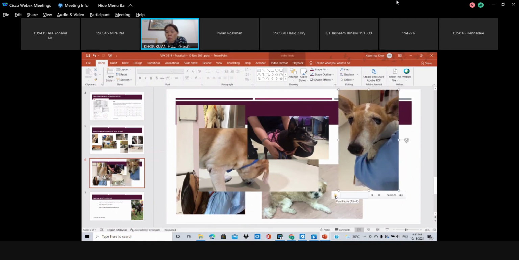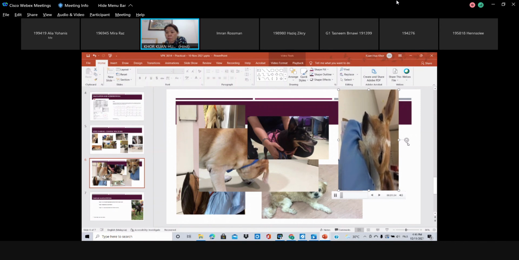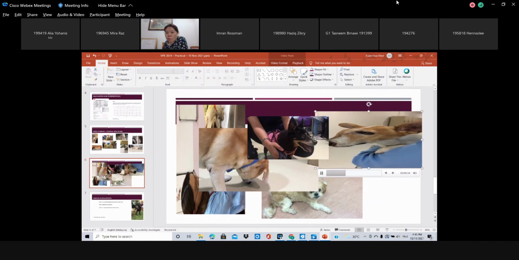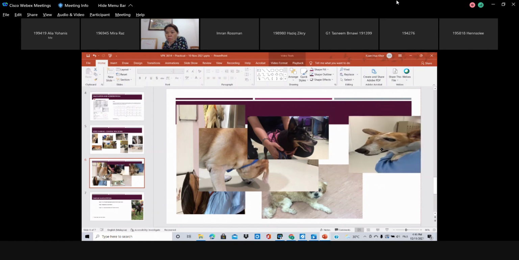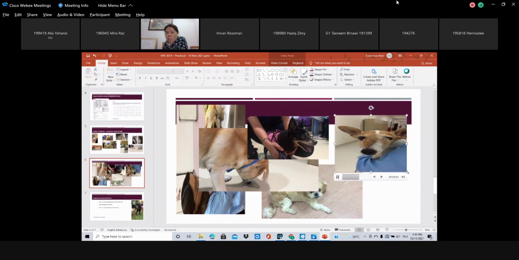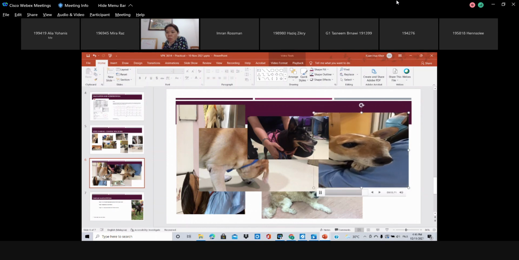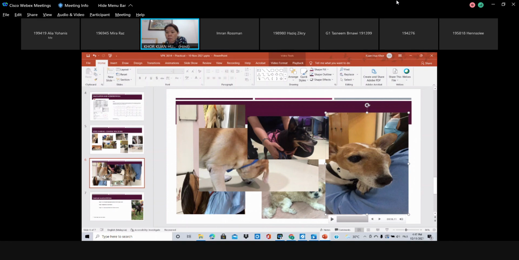Okay, this is also another one. This one I show you for fun only. Can you see the face? Okay, so there is a bulge there.